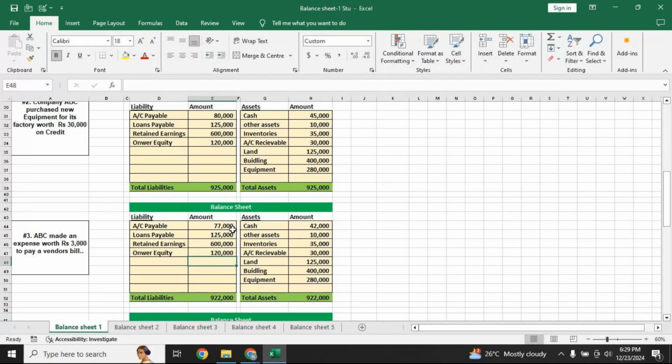So here cash minus 3,000, and in accounts payable, whatever I am supposed to pay, minus 3,000.